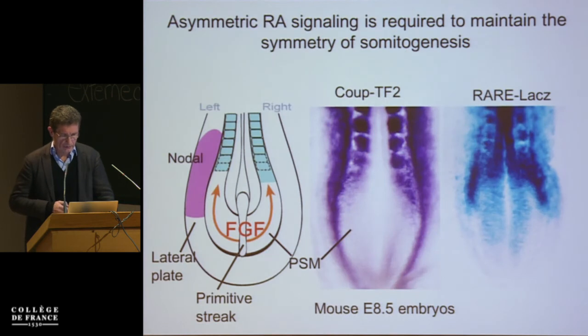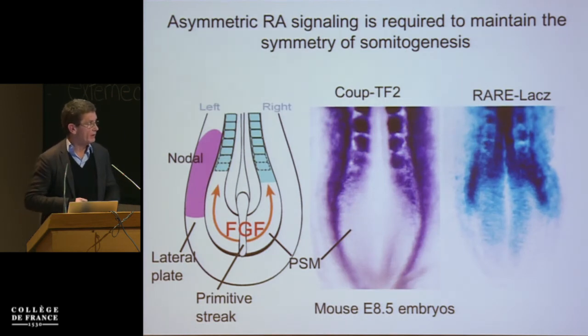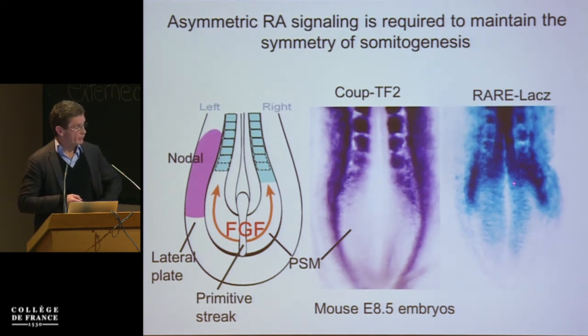So the conclusion of these experiments, and I really don't have time to show you all the arguments, was that a slight asymmetry of retinoic acid signaling here on the right side, which is figured on the graph as this excess blue label here, is important to maintain the symmetry of the FGF gradient.